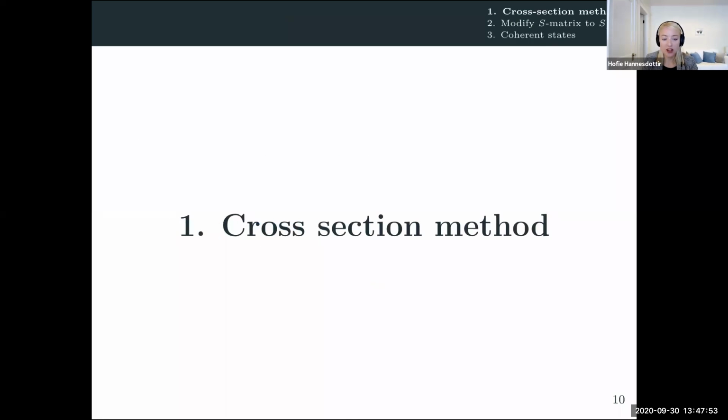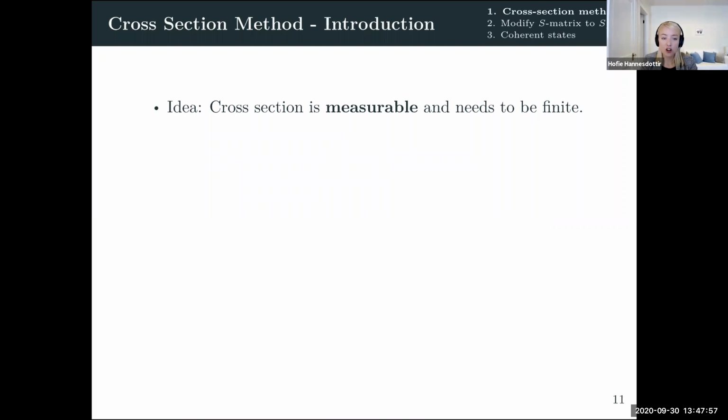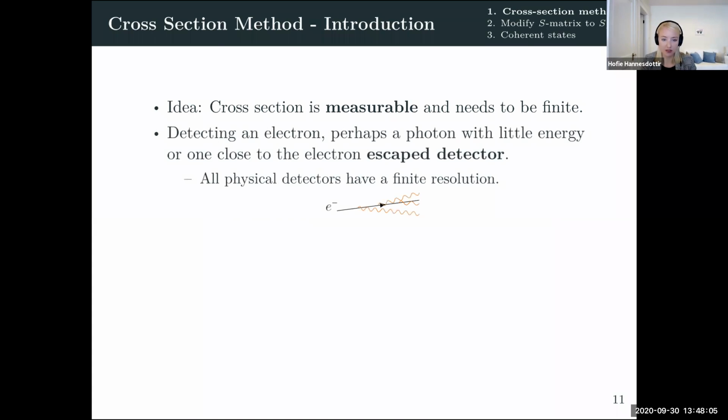So let's start with discussing the cross-section method. The cross-section method is based on the following idea, namely that cross-sections are measurable and therefore cross-sections need to be finite. And perhaps if we have a detector and there is an electron in our detector, then maybe there was also a photon, but it just had such little energy that we didn't actually observe it, but it was still there.